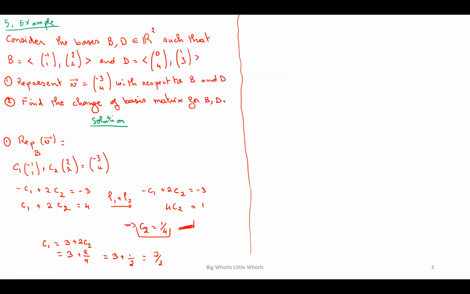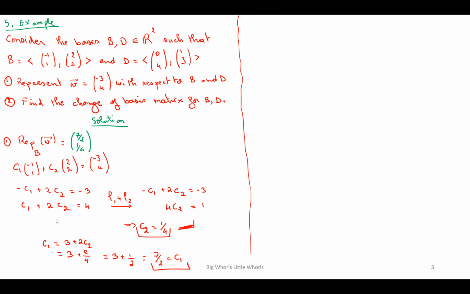So that's C1 and C2. That means the representation of V with respect to B is 7 over 2 and 1 over 4.